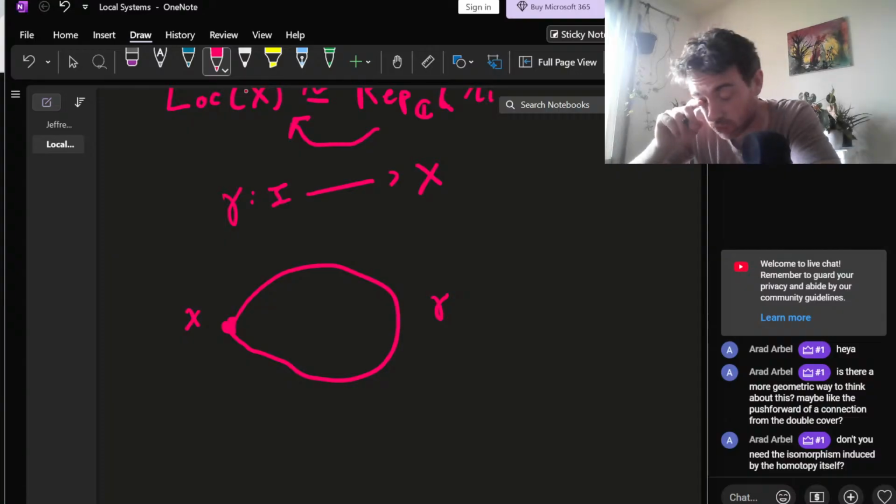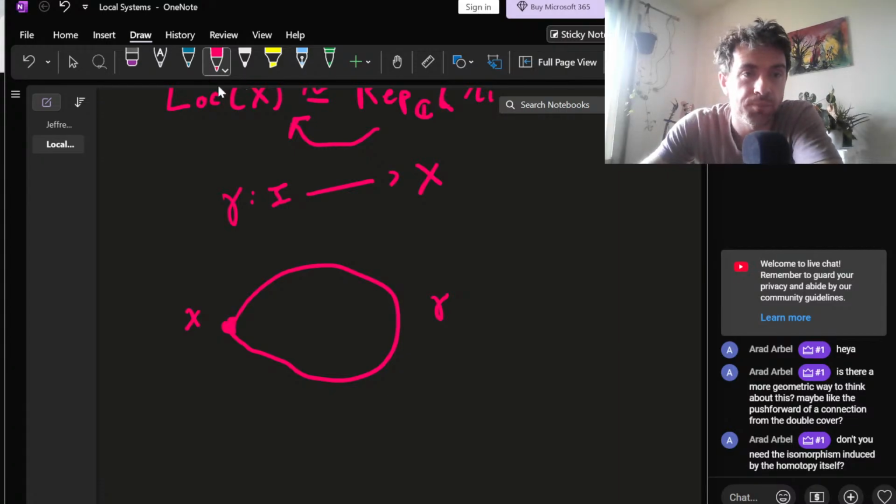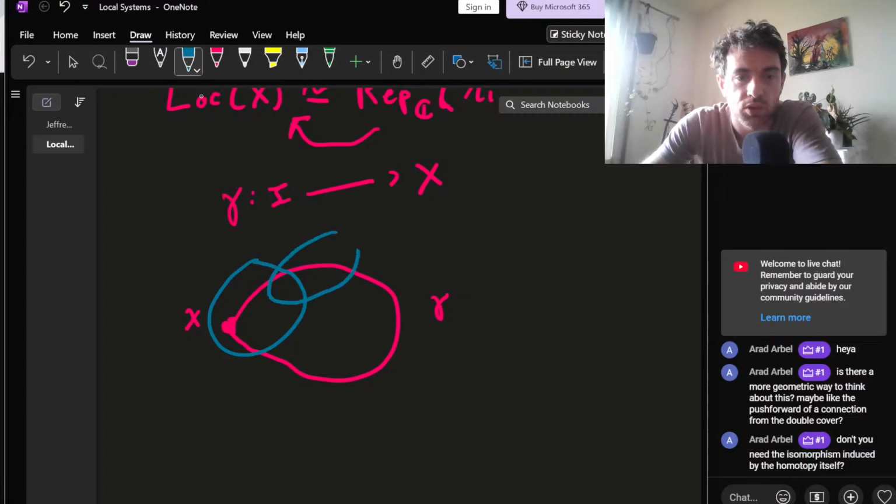Of course, the loop is compact because it's the image of a compact set. So you can choose a finite cover, and in fact, you can even choose one in the following way. So basically, you have, say, a bunch of sets like this.